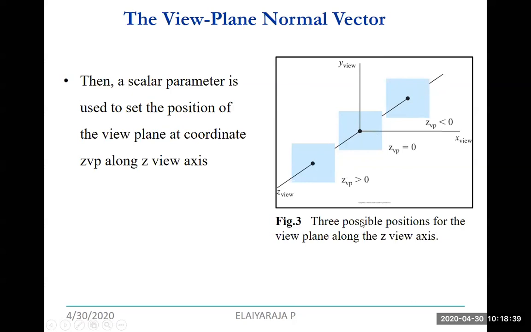Whether it is near, far, or exactly on the coordinate origin, you can check the view plane values. This is from the normalized vector, usually considered through the left-handed system, which will be away from the viewing plane.